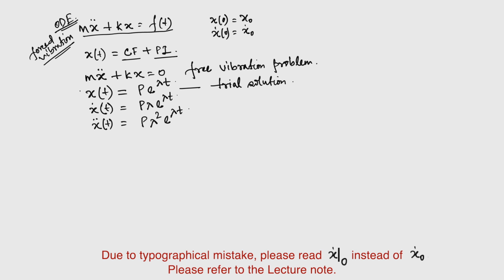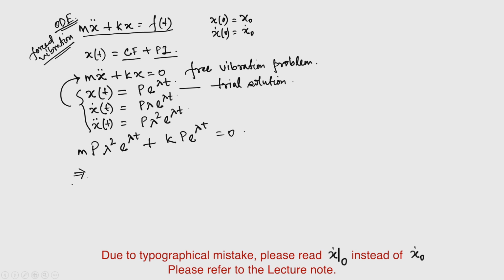So, we have the expressions of displacement, velocity and acceleration, and the moment we have it, we can substitute it back in the original equation. What we get is m p lambda square e to the power lambda t plus k p e to the power lambda t equal to 0.